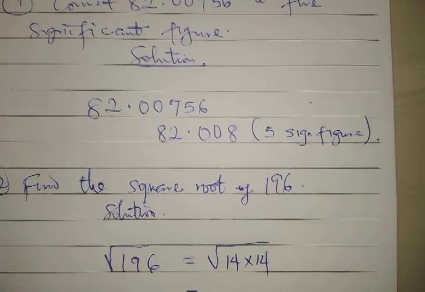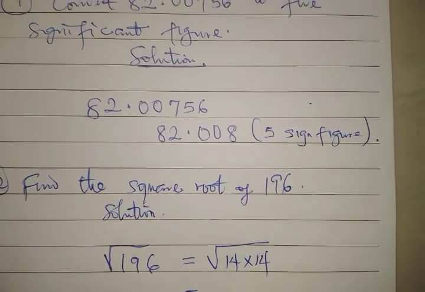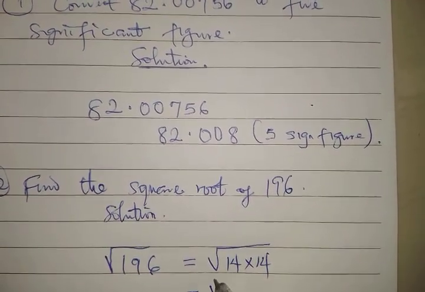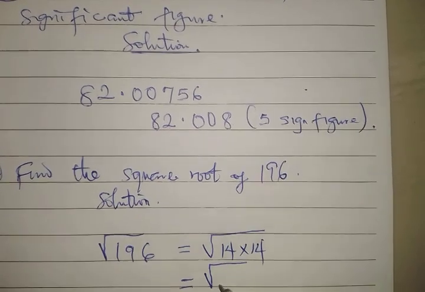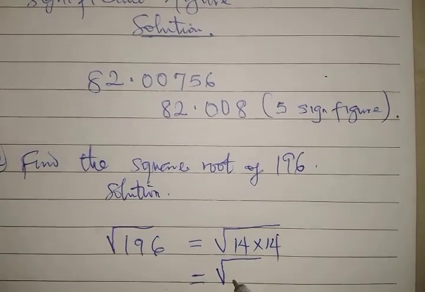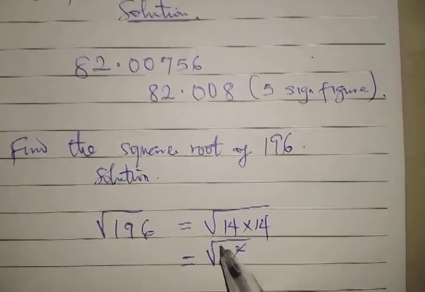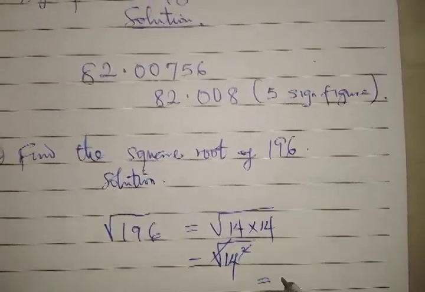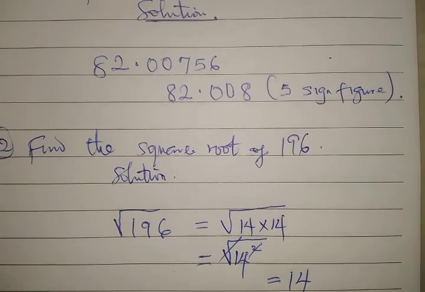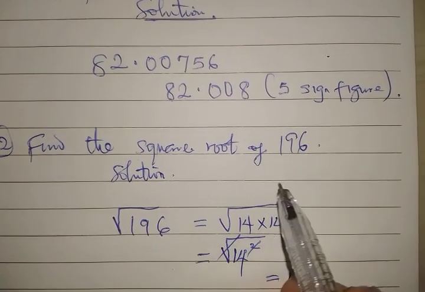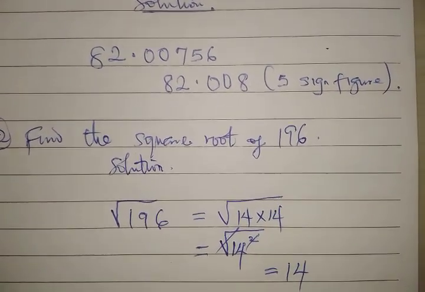But you're not done. How do you finally get your answer? Still, the square root, 14 multiplied by 14 will give you 14 square. Now, this square will cancel the square root, and your final answer is 14. Therefore, the square root of 196 is 14.